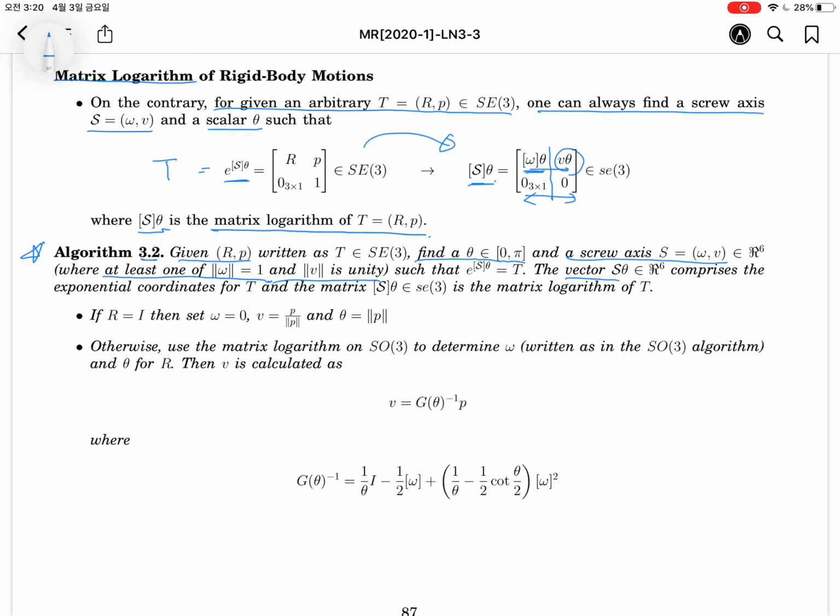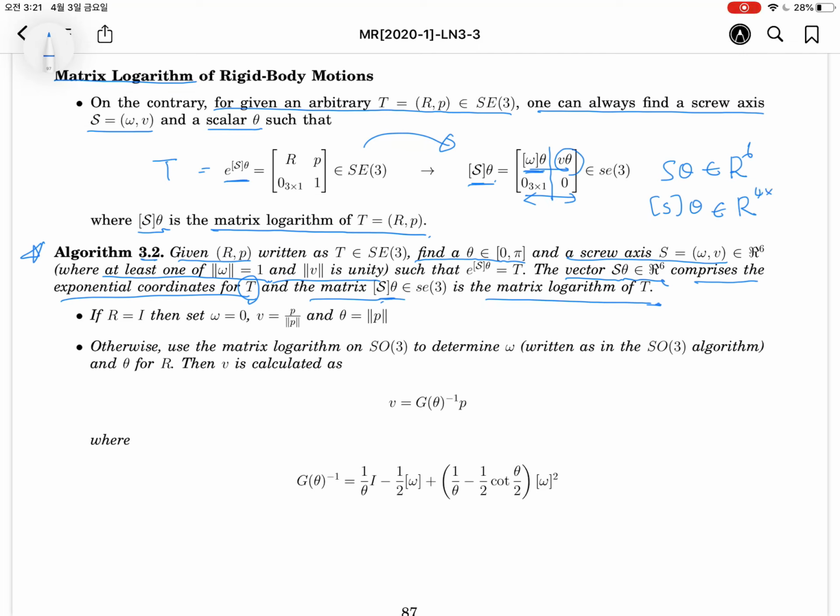Here, the vector S theta belonging to R6 comprises the exponential coordinates of the homogeneous transformation T, and the matrix form of the skew screw axis times theta is the matrix logarithm of T. Okay, we should differentiate the meaning of the two S thetas. One belongs to R6.